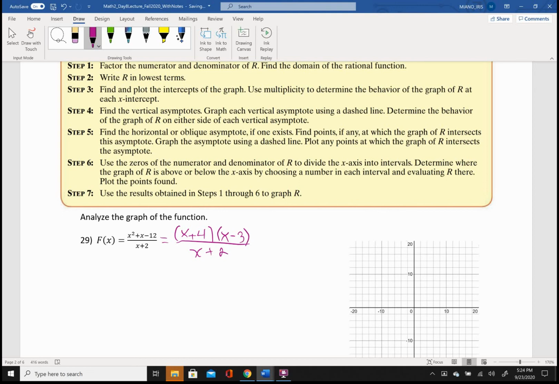Okay, so noted. And then what else? So it's factored, great. What else does it want? It wants the domain. So there's the domain right here. I'll say the domain is x such that x cannot equal 2 with my curly brackets. Okay, great.